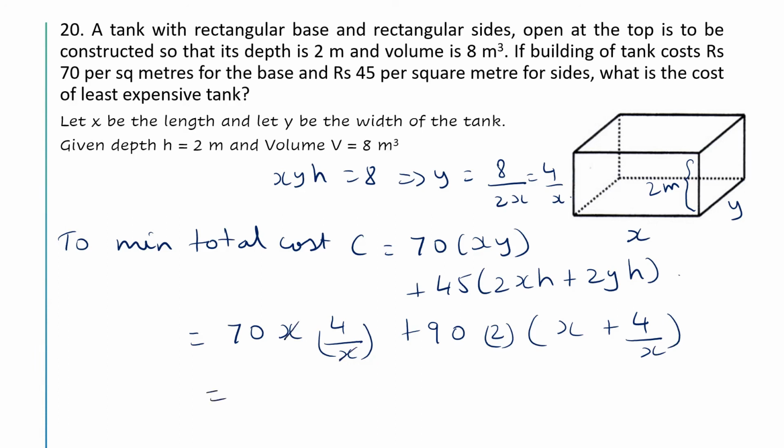So this is equal to 280 plus 180 into x plus 4 by x. So we have to find the value of x for which this total cost is minimum, and then we have to find the least cost.